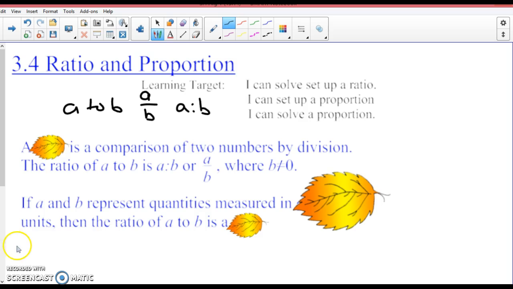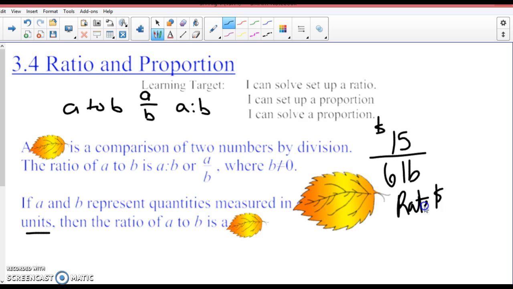If you've got units on them, like $15 for 6 pounds, it becomes a rate. It would be dollars per pound, or cost per pound, or price per pound, or whatever it is. So a ratio is just 2 numbers, 9 to 15.